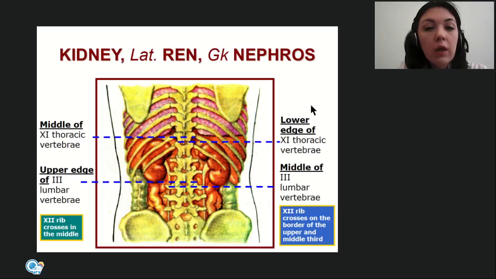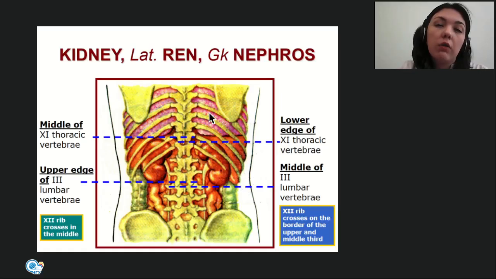topography, as always, and topography of kidneys is different, because right kidney is located a bit lower than the left one. Why is it so? Because in the right hypochondric region, as we know, there is a liver, and it occupies a very large position.